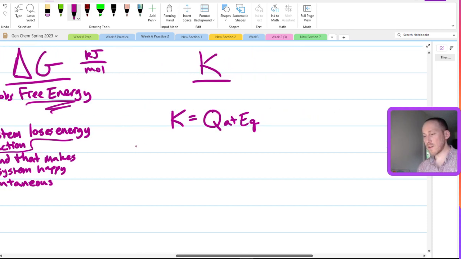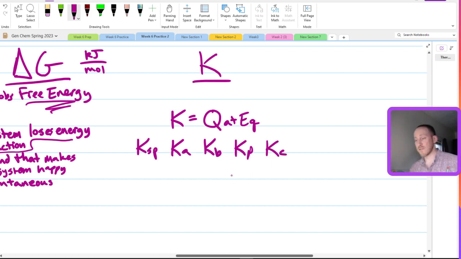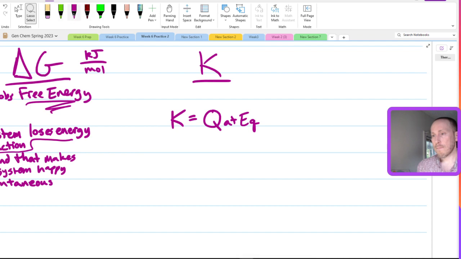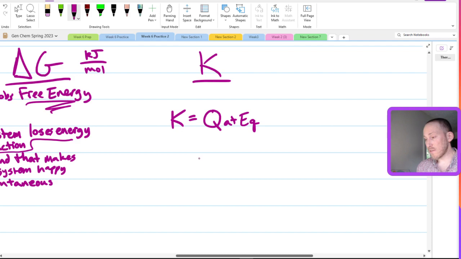And we can look at reactions in terms of K as a solubility product, K as an acid dissociation, K as a base dissociation, K as gas pressures, K as concentrations of something I haven't covered yet. There's lots of slight variations on K, but fundamentally, K is a special kind of Q where you have your products, but in this case, that's a concentration, right?